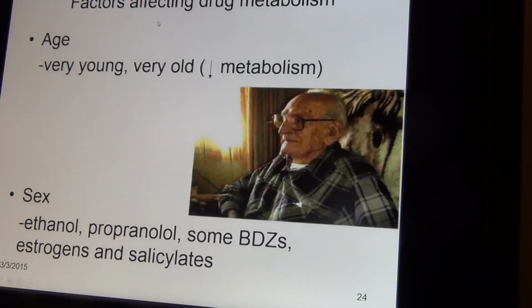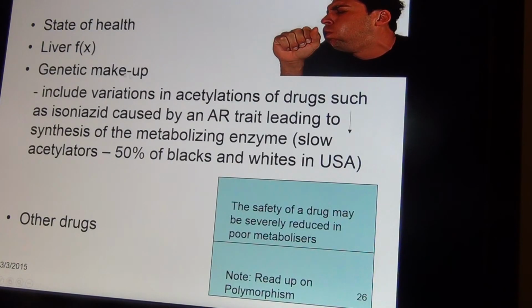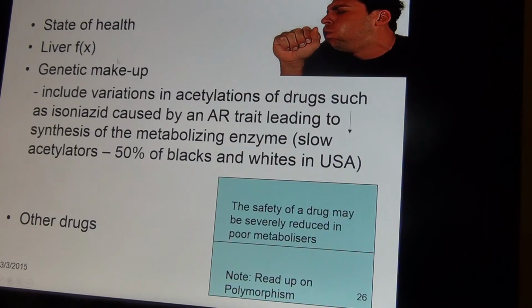Okay, we're talking about factors affecting drug metabolism. And then the liver function, genetic makeup, and also the existence of other concomitant medications. If someone is taking other conmeds, other concomitant medications, then that might affect the rate of drug metabolism.